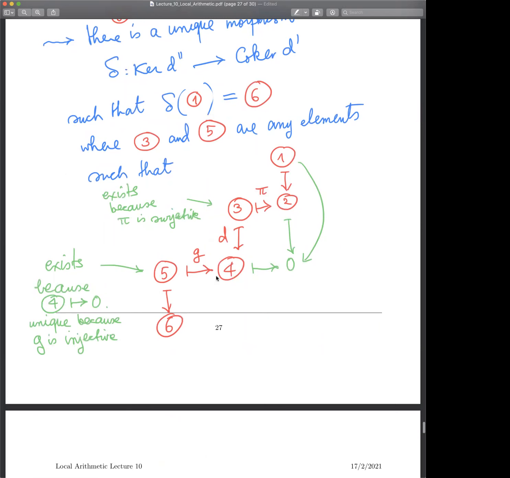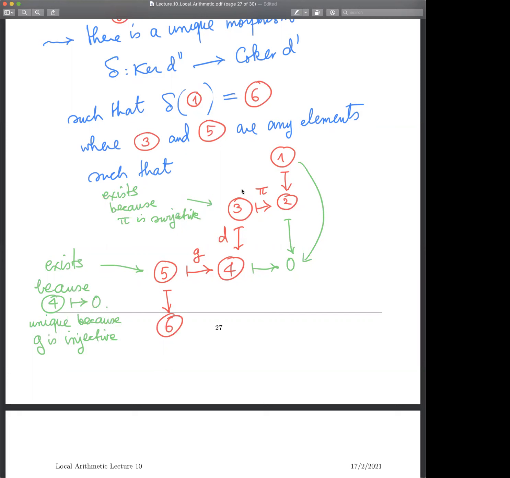Because 4 goes to 0, and I've explained that in the diagram. 4 goes to 0 because it comes from 3, and 3 goes to 2, which goes to 0 because it comes from 1. Okay, and because 4 goes to 0, it comes from some 5, and that 5, of course, is uniquely determined because G is injective, and I take the image of that 5.